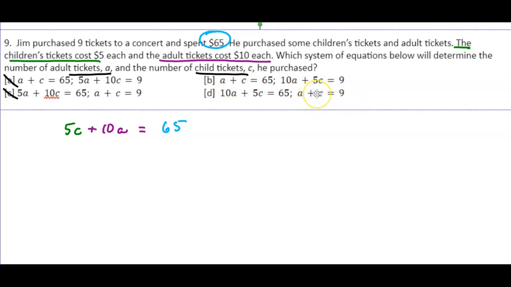In this case, let's go back to the question. It says that Jim purchased 9 tickets total. So that means that the number of children tickets plus the number of adult tickets has to equal 9. So that means our final answer is D.